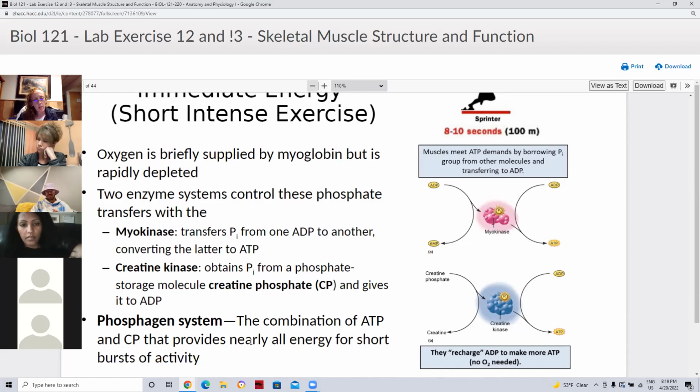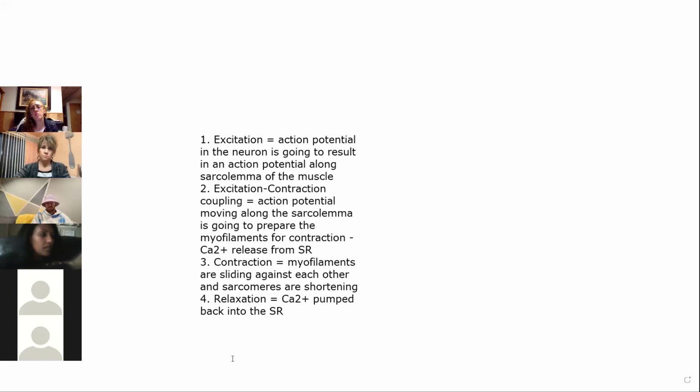A kinase, any kinase, adds phosphate groups to something.